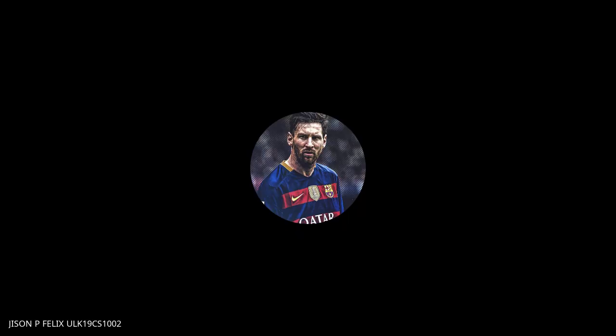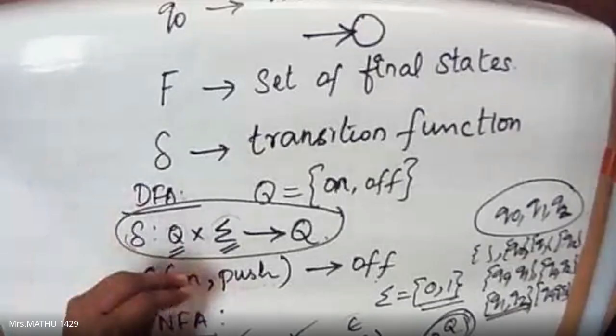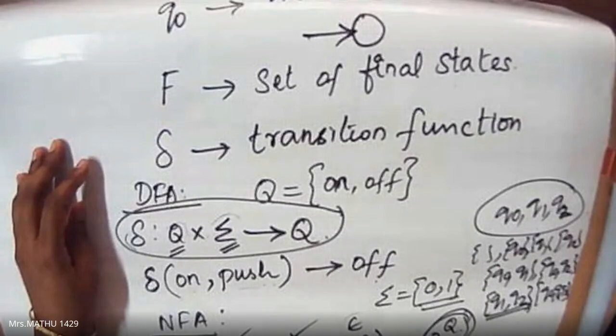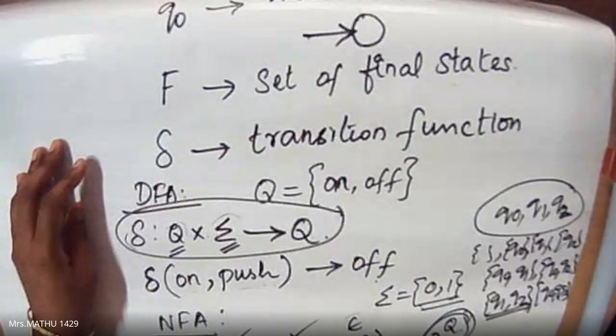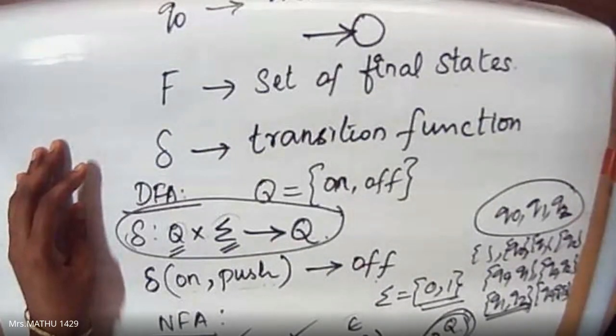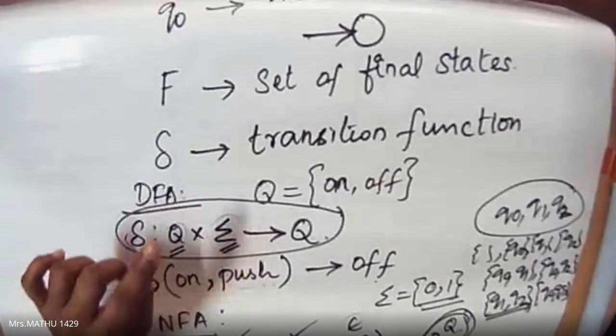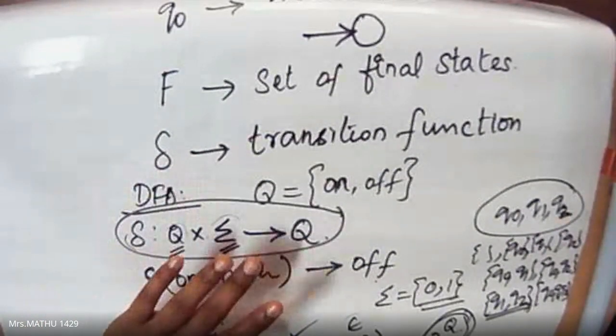No, ma'am. See, this is the normal switch example, right? You know how a switch functions. There are only two things: you can switch it on or you can switch it off. So on is a state, off is another state. From the on state, if you push the switch, that is the input you are giving, it goes to the off condition.